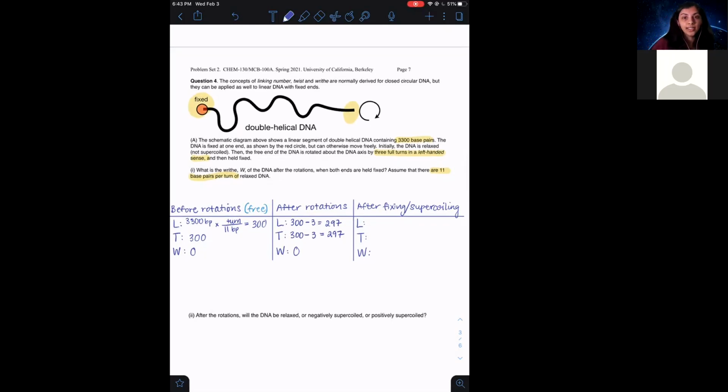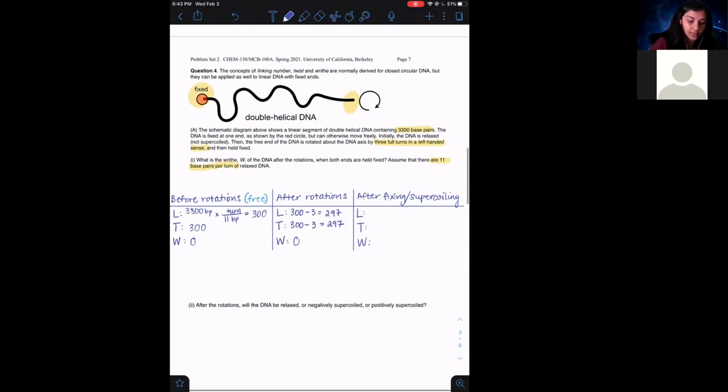And finally, the ends are fixed. So once the ends are fixed, the linking number can't change. It will stay at this new value of 297. The twist, however, is the most stable at its original relaxed value of 300. So the twist will go back to 300.